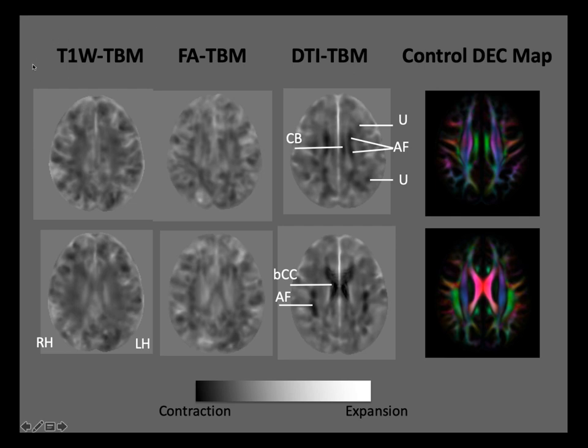And you can see the morphometry done with conventional T1 weighted images. You see this diffuse reduction in white matter because T1 weighted images do not have contrast in this centrum semiovale, right? But if you look at the tensor-based morphometry, you can see that some regions are more affected than others.